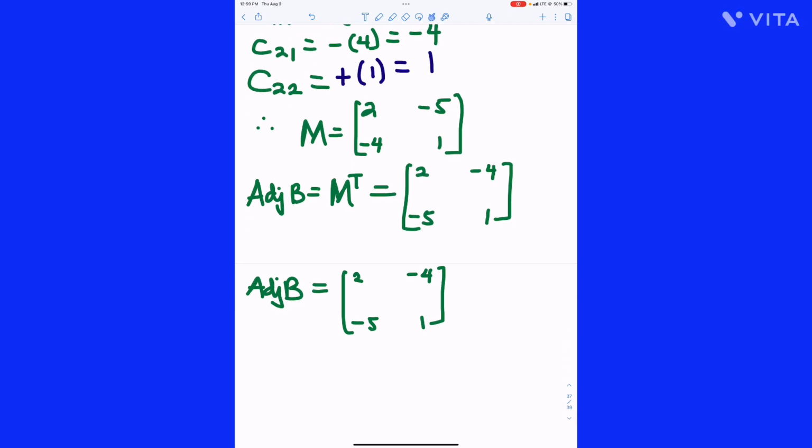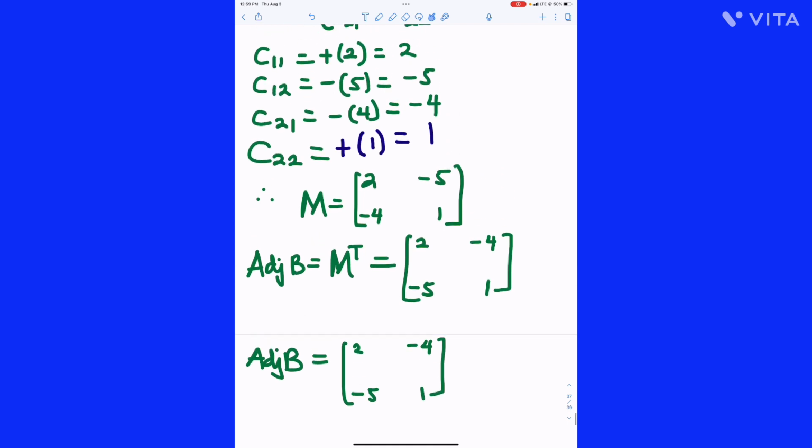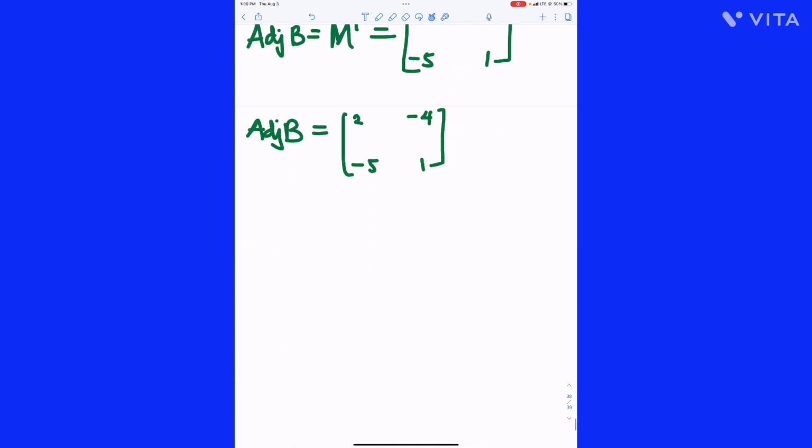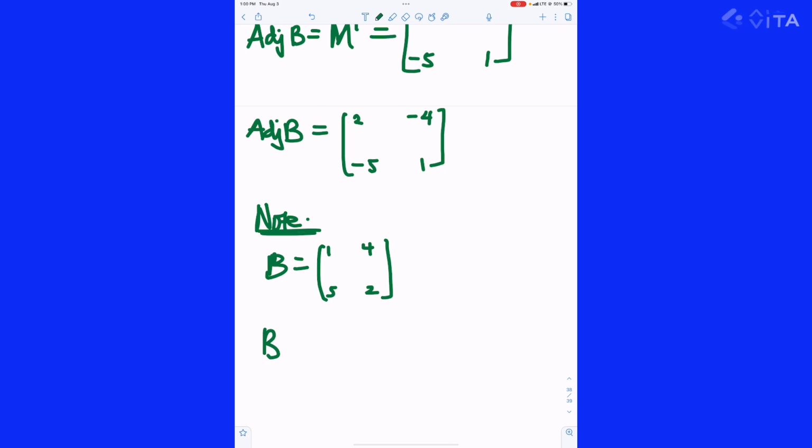So you will notice here too that all I needed to do to get my adjoint, the matrix itself was 1, 4, 5, 2. Notice also that B was 1, 4, 5, 2, and the adjoint of B is now 2, minus 4, minus 5, 1.